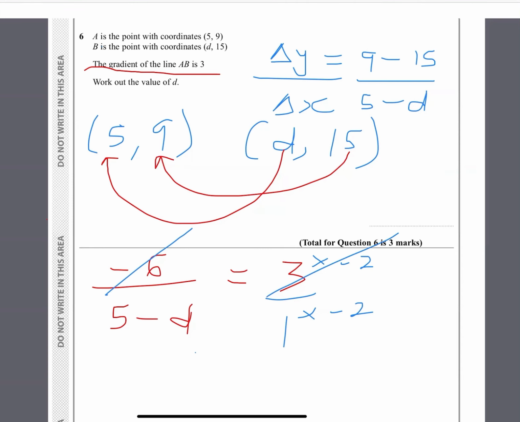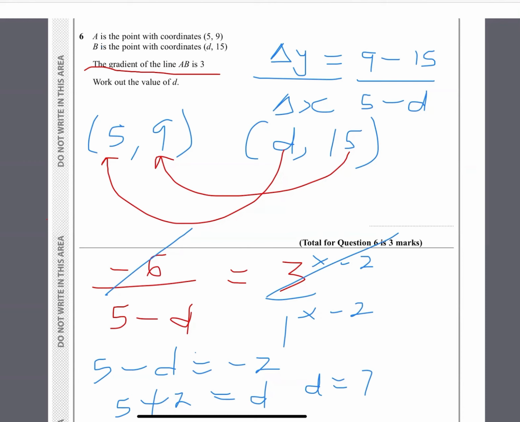So we can have 5 minus t equals minus 2. That's the denominator. From here, we have 5 plus 2 equals t, and t is 7.